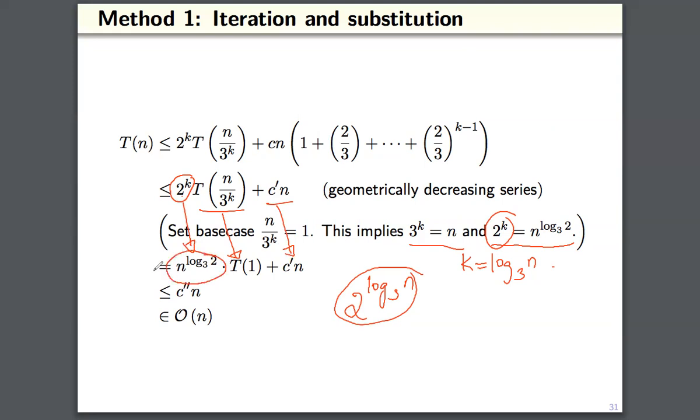Now, what about n power log 2 base 3? You know that log 2 base 3 is less than 1. Correct? So if n is raised to a power less than 1, what is it? It does not dominate. Because you have n here, it is O of n.